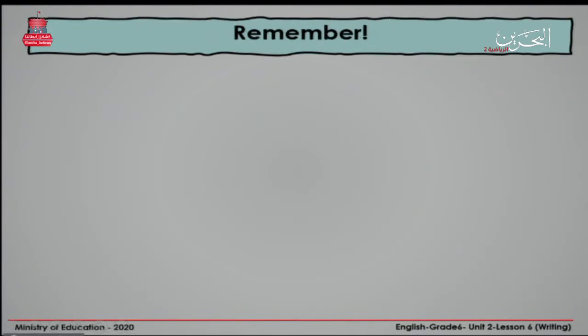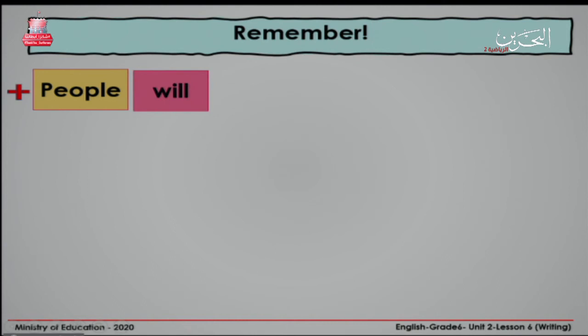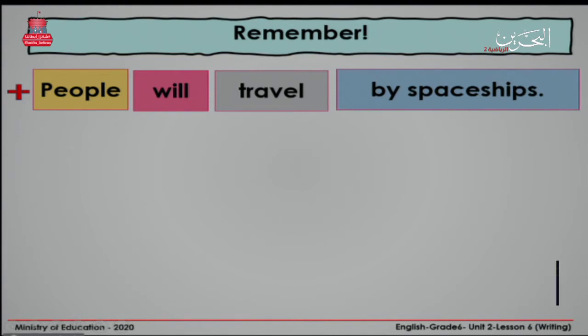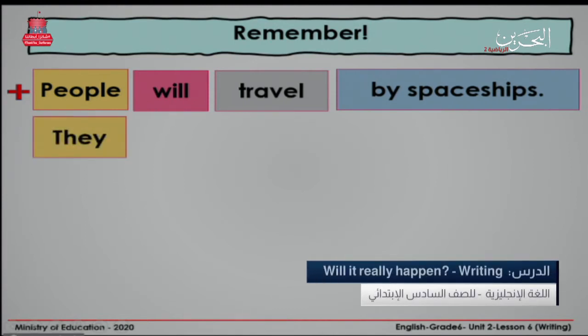Here, I need to remind you of the future will tense rule. People will travel by spaceships. We use will for the affirmative sentences. They won't wear normal clothes. We use won't for the negative sentences.